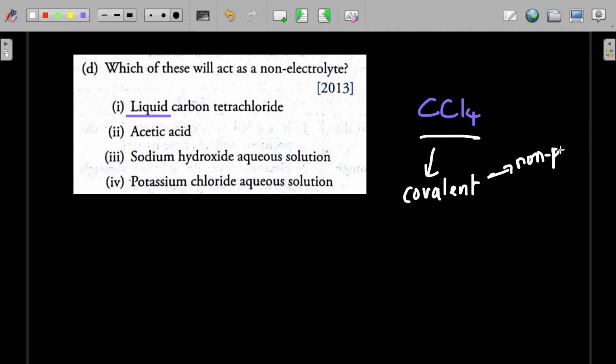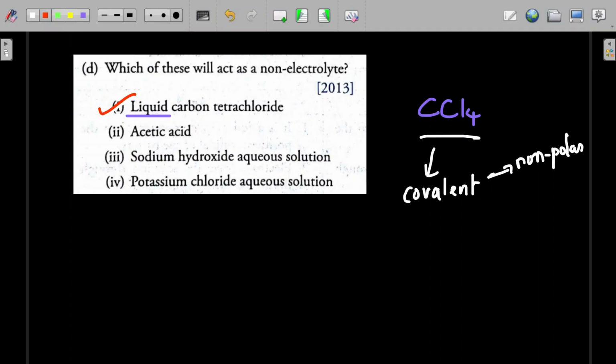That's what we learned. The carbon chlorine bonds are polar, but because of its symmetric structure, overall the molecule will be non-polar, and non-polar molecules, and that too in a liquid state, do not conduct electricity, and it is also not soluble in water. Okay, so the more appropriate answer will be liquid carbon tetrachloride, or simply carbon tetrachloride. Also, they give you the same answer.